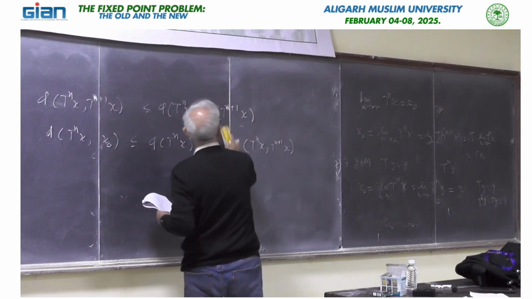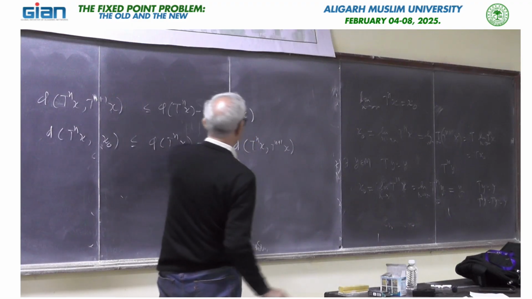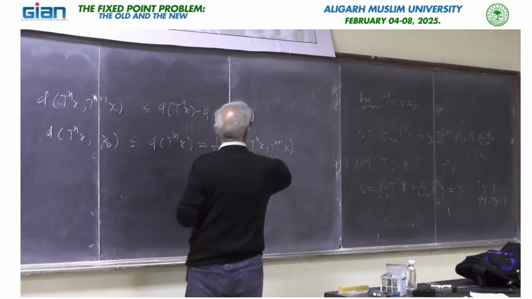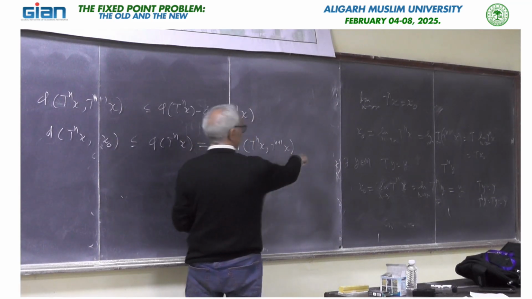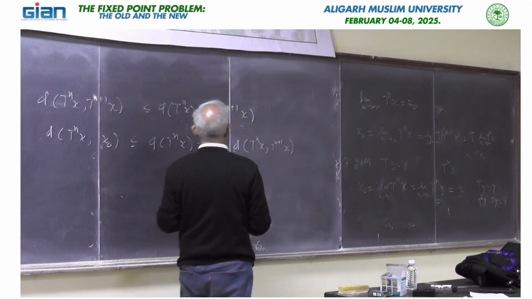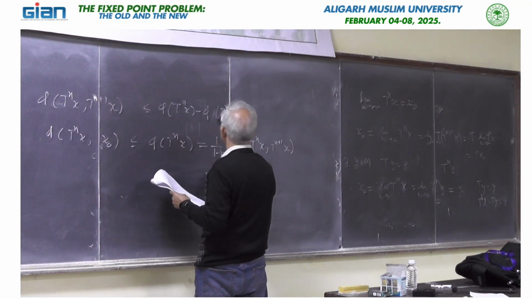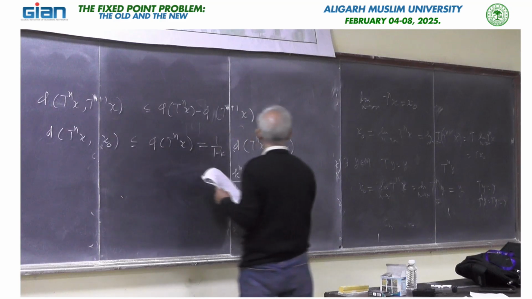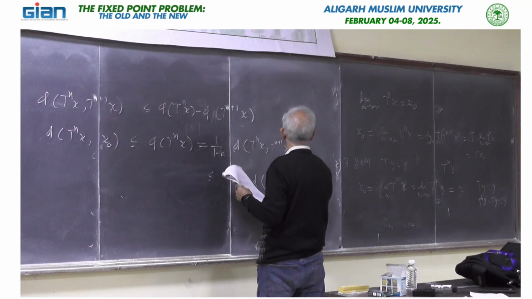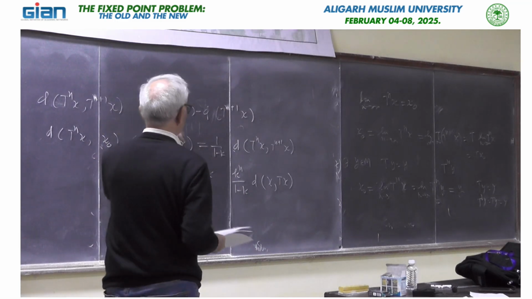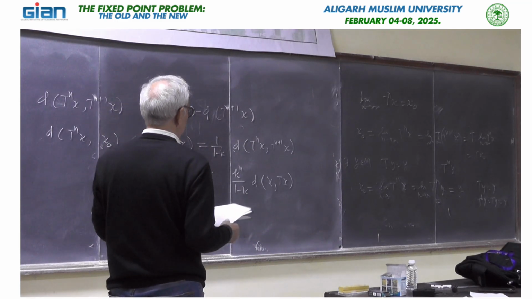That was one of those conditions which we needed to prove, and then here you keep on applying the contraction inequality, and you will get k to the power n. So this is less than or equal to k to the power n over 1 minus k times d of x, Tx. That is what we had to finally prove for the rate of convergence.